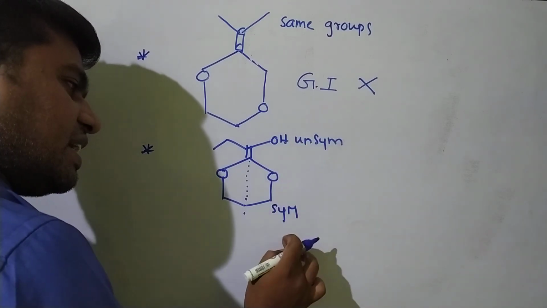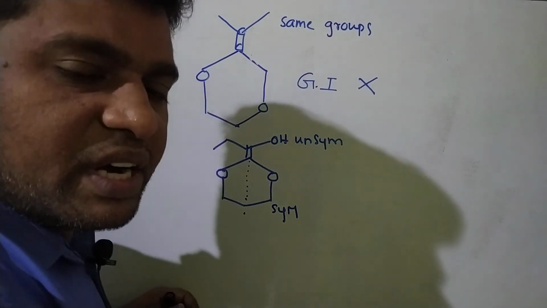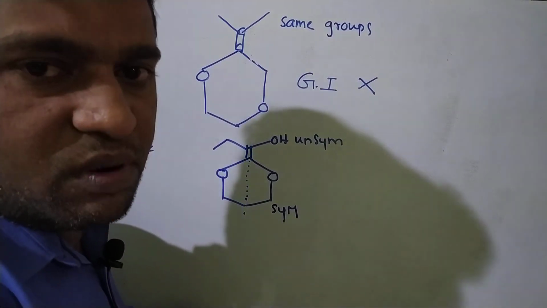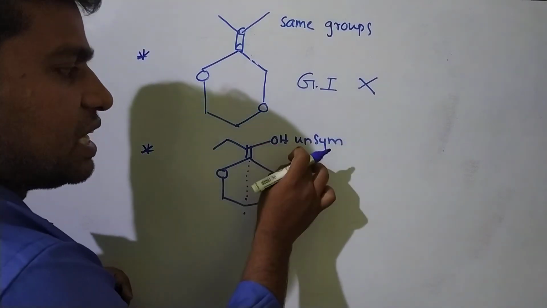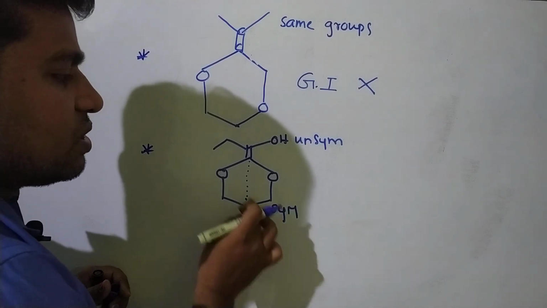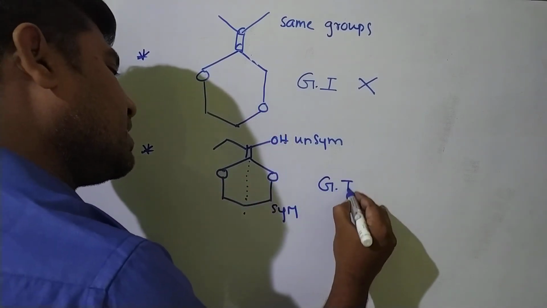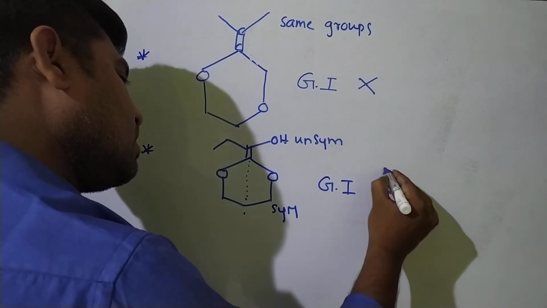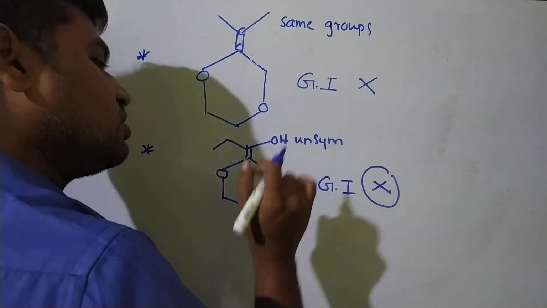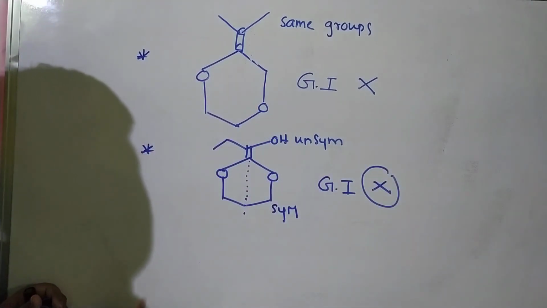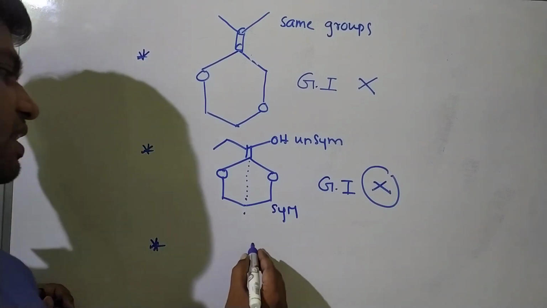But the overall result, what is the main requirement? A not equal to B, C not equal to D. But here A is not equal to B, but in this case C equals D. So the overall result is that geometrical isomerism is not shown by this molecule. Okay, understood? And some other example.